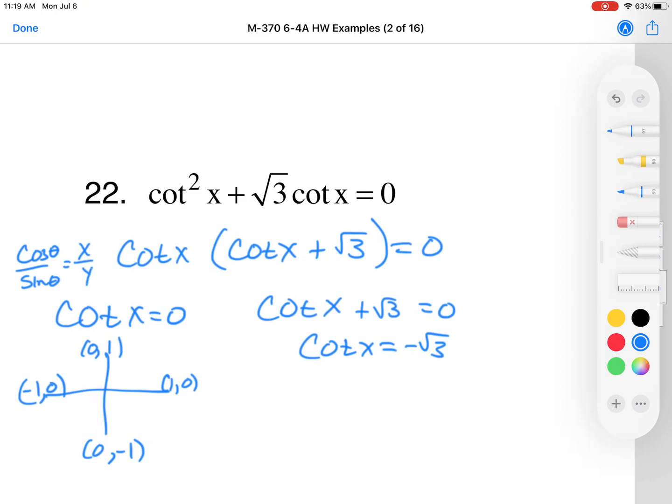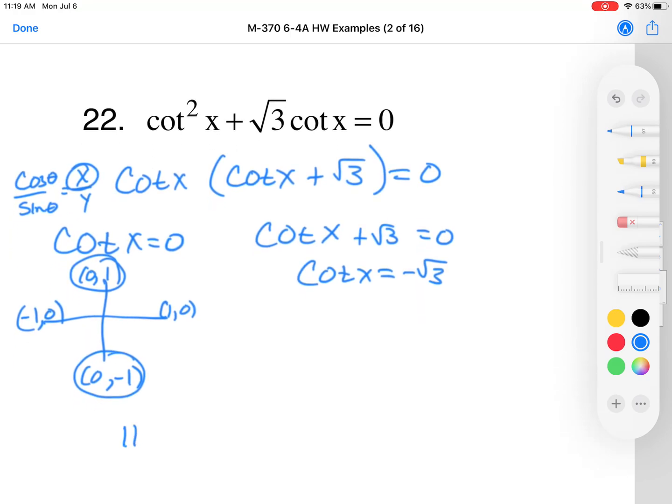If I'm going to get a 0 out, I need my x to be 0. So cosine corresponds to an x of 0. That's happening at pi over 2 and at 3 pi over 2. So those are two of my answers now: pi over 2 and 3 pi over 2.